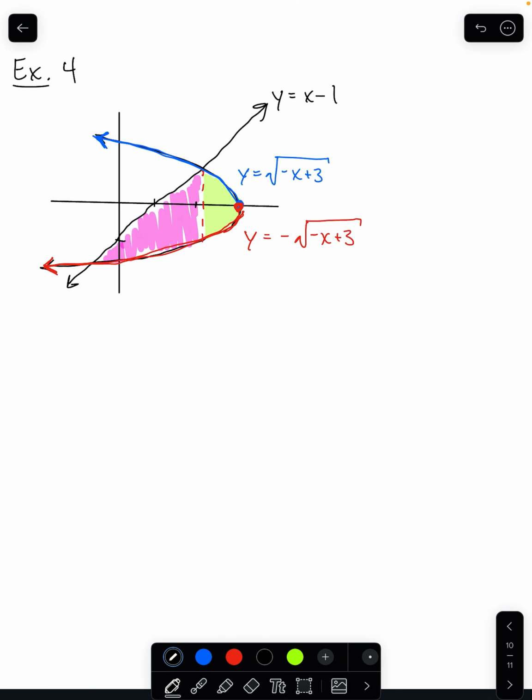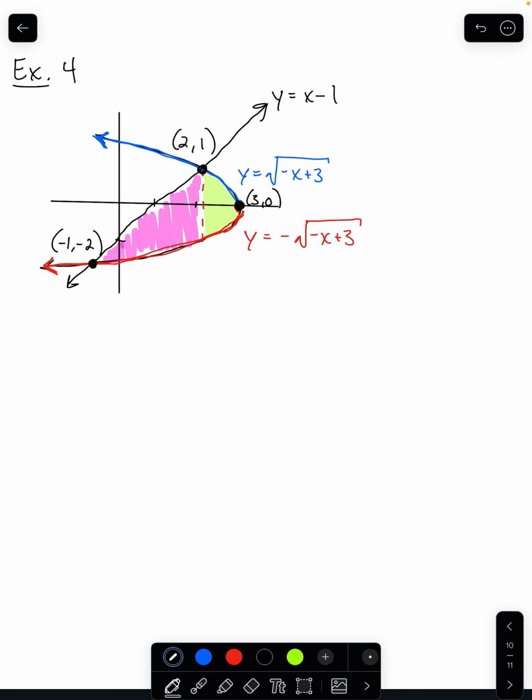Now, just to make life a little easier here, I'm going to identify the intersection points as negative 1 comma negative 2 and positive 2 comma positive 1. And of course, this point at this end is 3 comma 0.